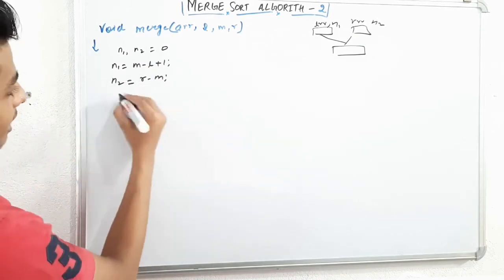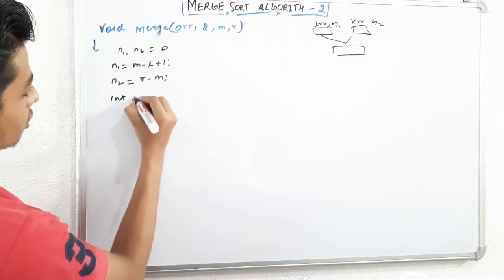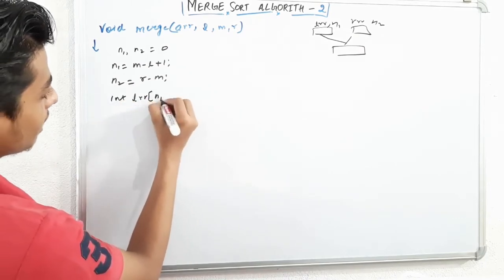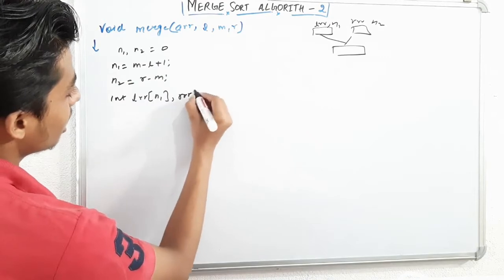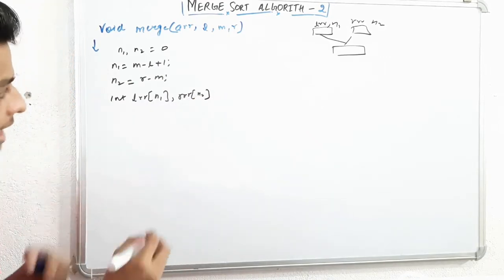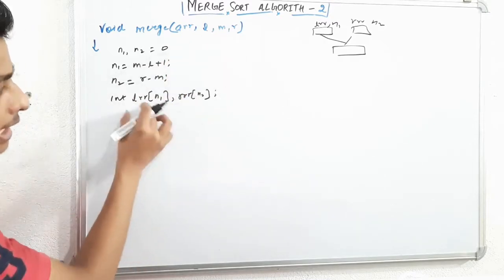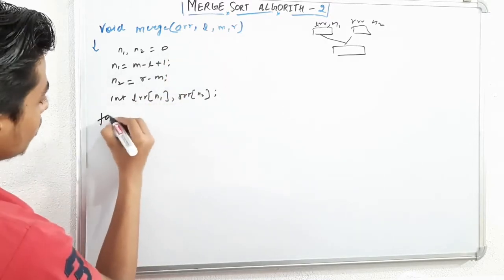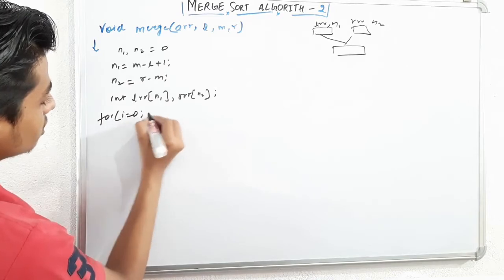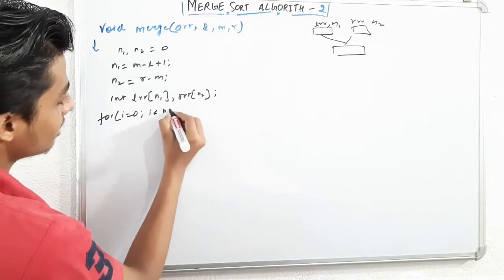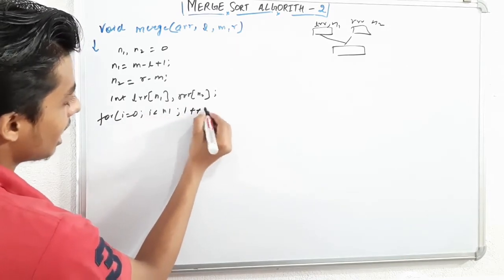Then I am going to define the two arrays of int. First will be LRR of n1 and second will be RRR of n2. After that, I am going to copy the elements from L to M into the LRR. For that, I am going to use the for loop: i equals 0, i less than n1, considering the 0 based indexing, and i plus plus.